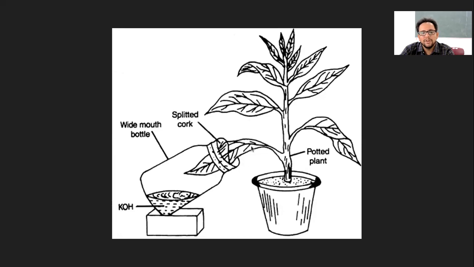This starch will react with iodine and show bluish black color. On the contrary, the part of the leaf inside the bottle wouldn't have done photosynthesis, so no glucose, no starch, and so no reaction with the iodine. That part will remain yellowish brown.